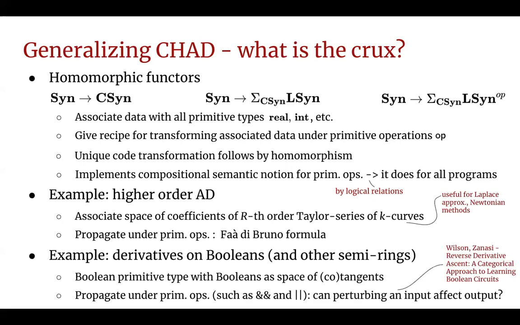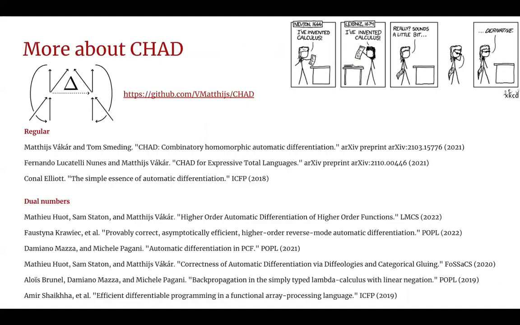There are some other examples of things you can do that aren't regular differentiation using the same framework. If you want to look at them, they're in the slides. But I'd like to end here and give about 5 minutes for questions.